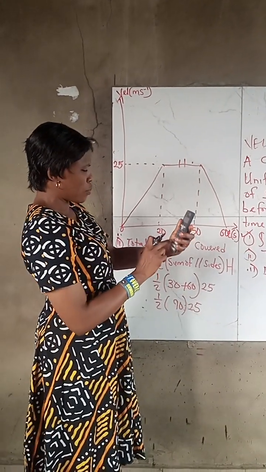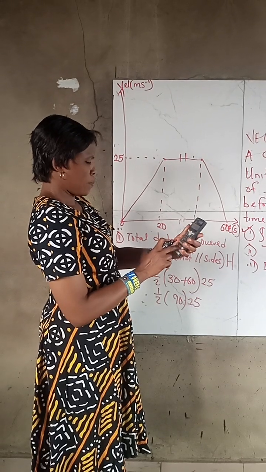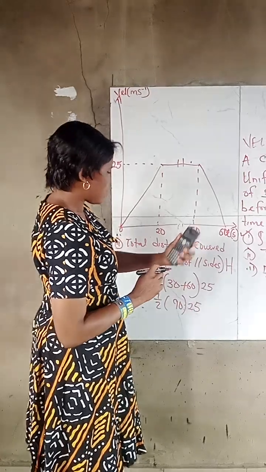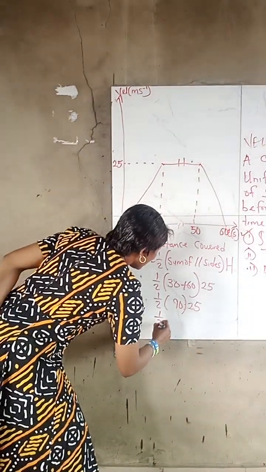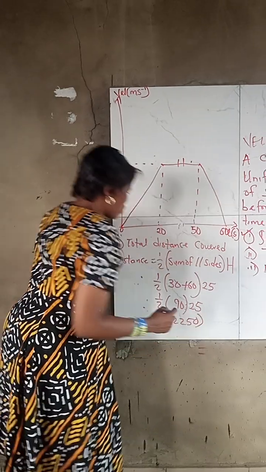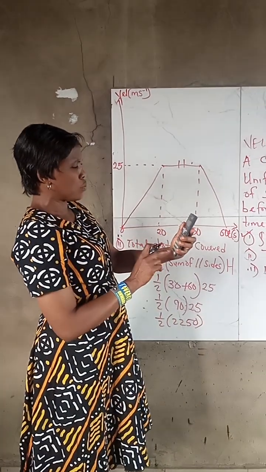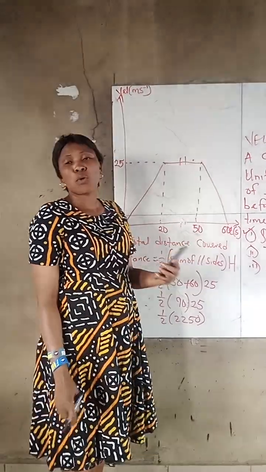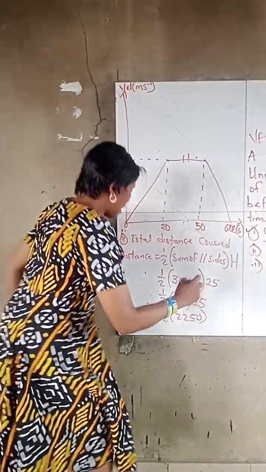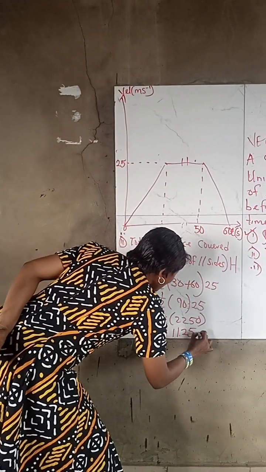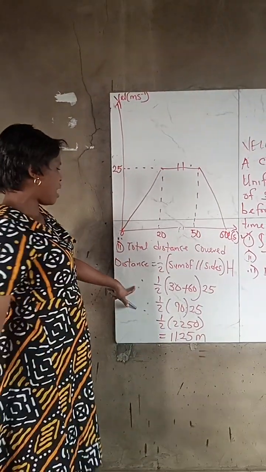Let me quickly press my calculator. 90 multiplied by 25 will give me 2250. Half into 2250, that is 2250 divided by 2, which gives me 1,125 meters. So that is the total distance covered.